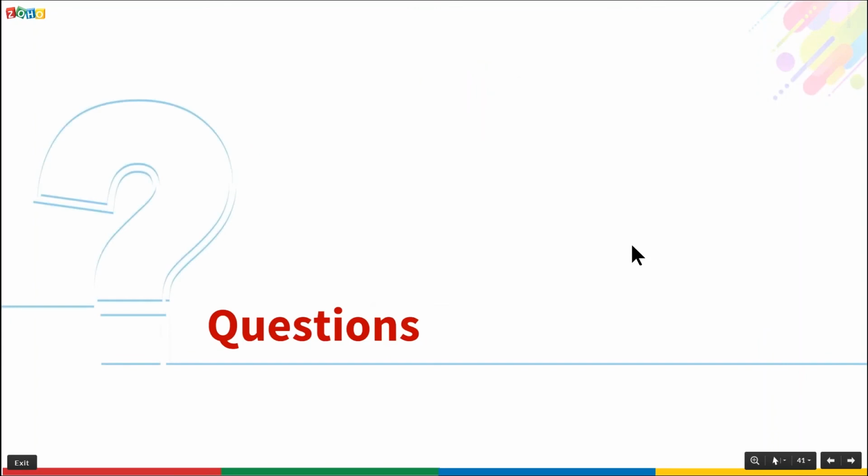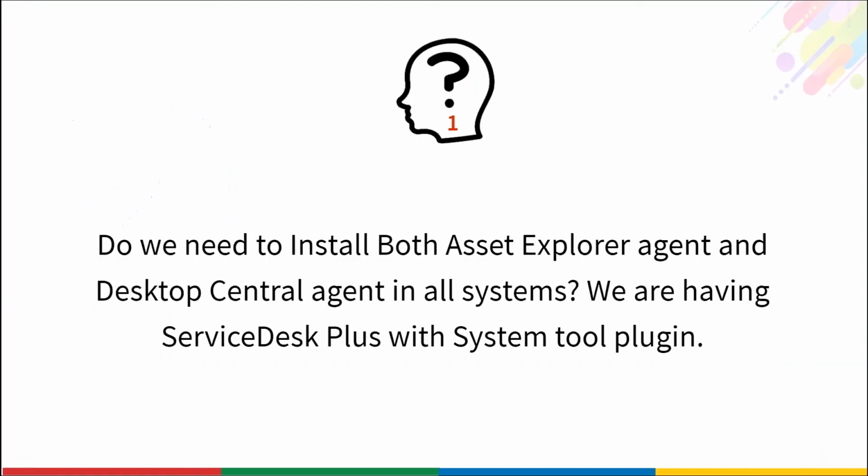Right. Next we'll move on to the question section. Here we're going to quickly discuss a few frequently asked questions. Number 1, do we need to install both the Asset Explorer agent and the Desktop Central agent in all systems? We are using Service Desk Plus with the System Tools plugin. Yes, of course.